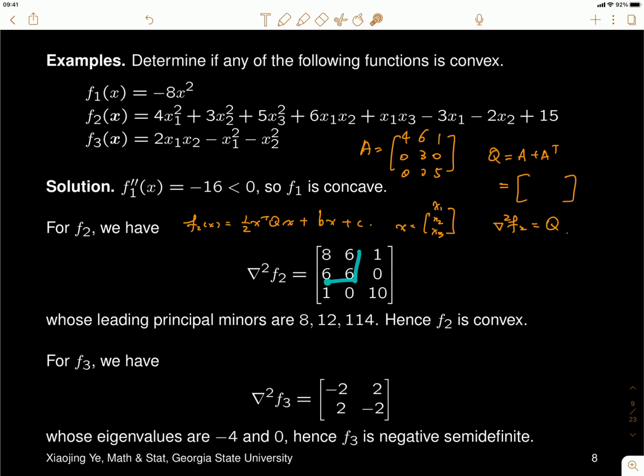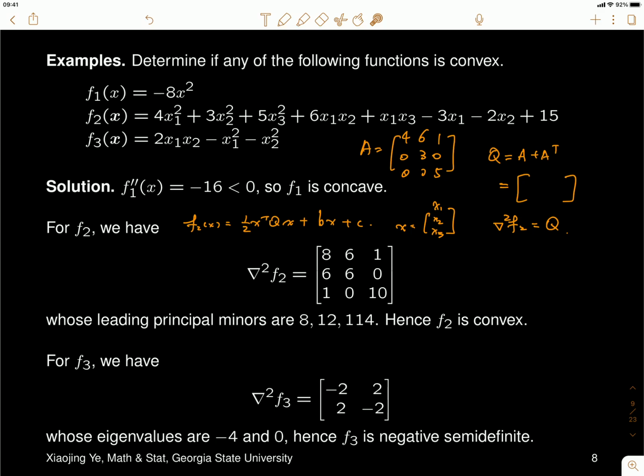That means this principal minor is equal to 12. And then you check the last one, and the determinant will be that. So this means that the Hessian, or this matrix, is positive definite. And then according to the theorem above, we know that F2 is convex.